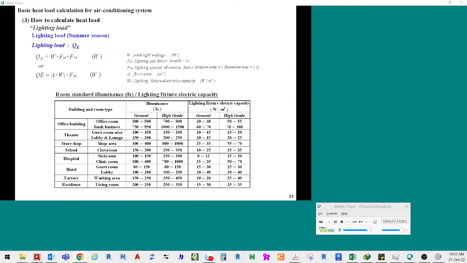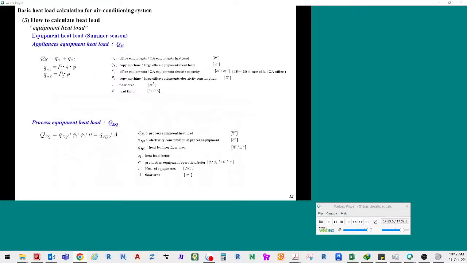Based on the power consumption, calculate the heat load caused by lighting. If the power consumption is uncertain, see relevant data such as the table shown on the slide. Based on the purpose of use of appliances and equipment, calculate heat quantities generated by them.